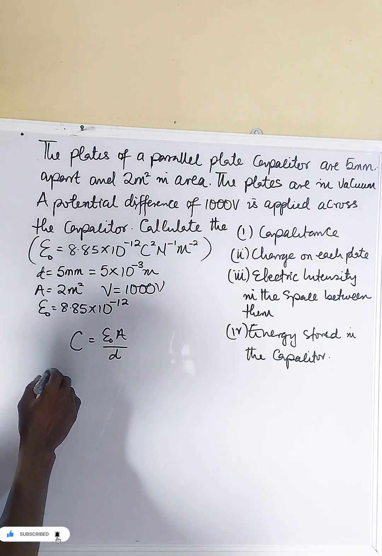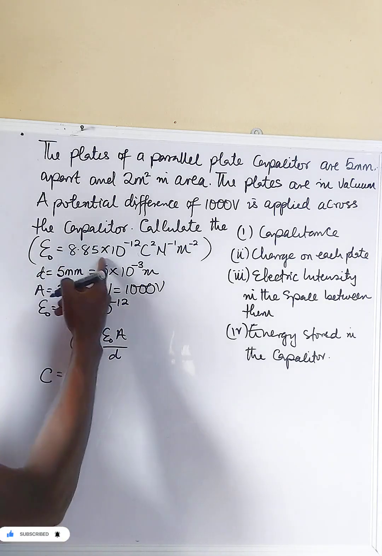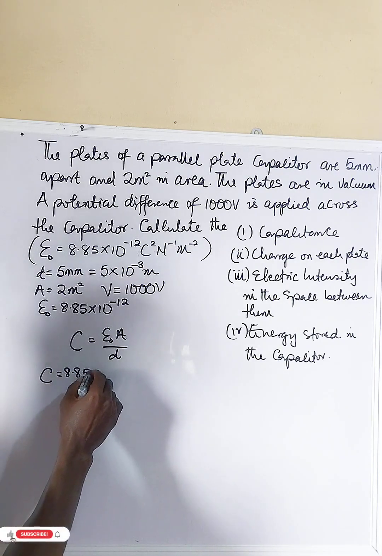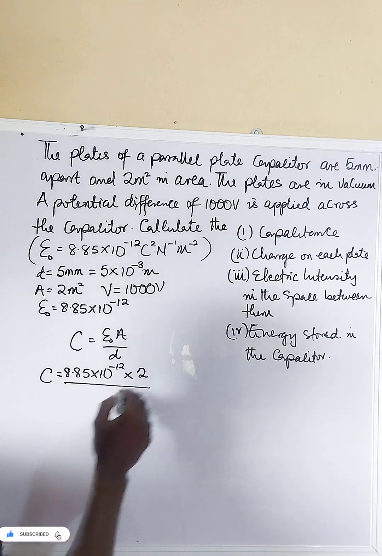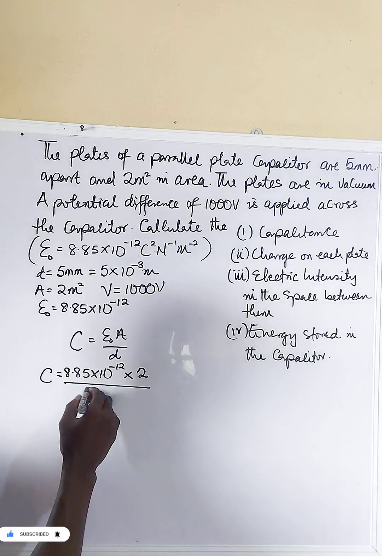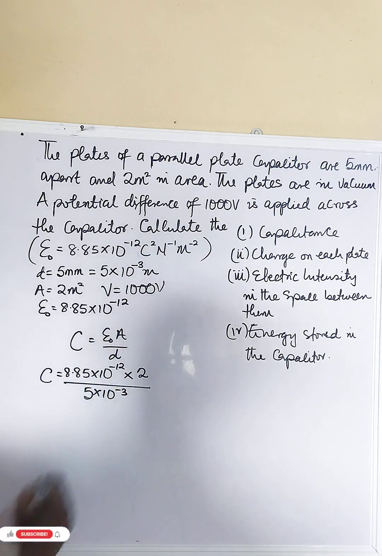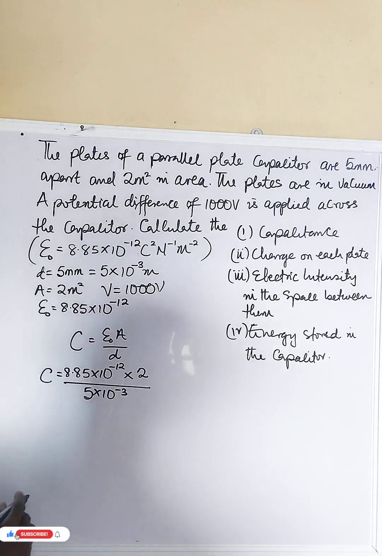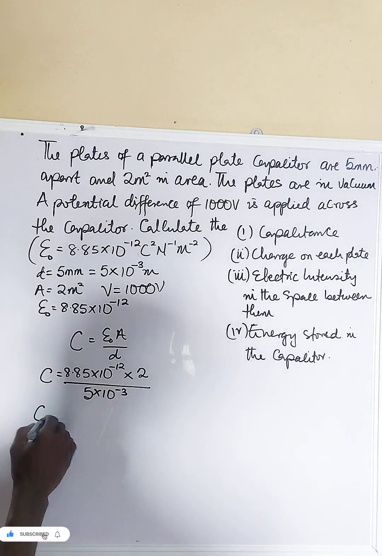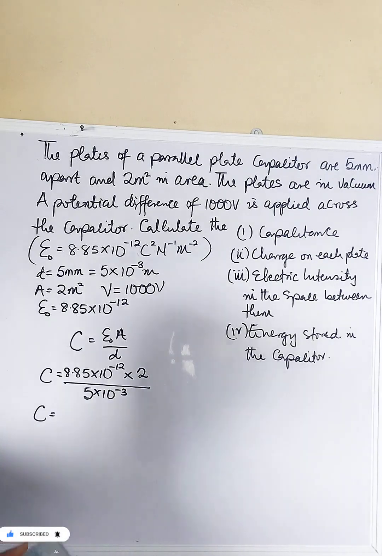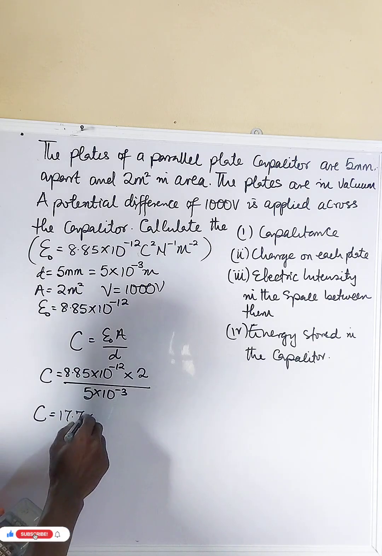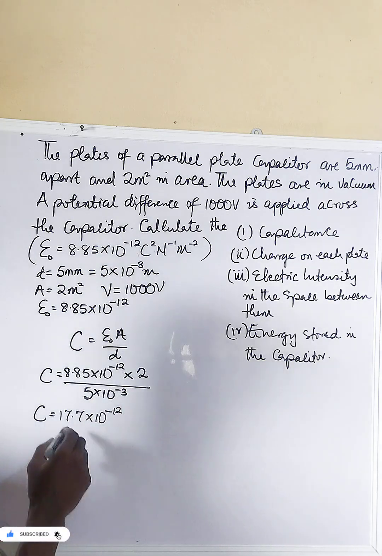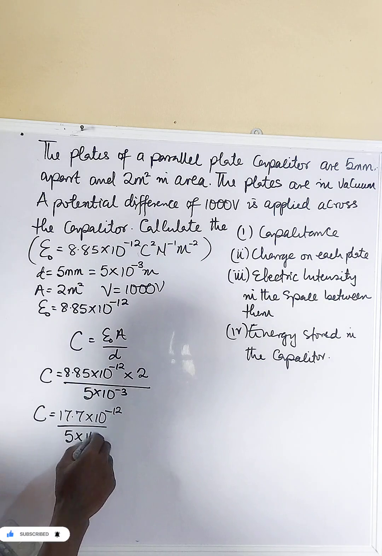So C equals epsilon naught, that is 8.85 times 10 to the power minus 12, times the area 2, all over the distance, that is 5 times 10 to the power of minus 3. Multiplying 8.85 times 2 gives us 17.7 times 10 to the power minus 12, all over 5 times 10 to the power minus 3.